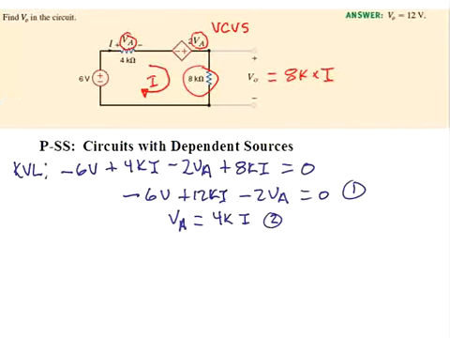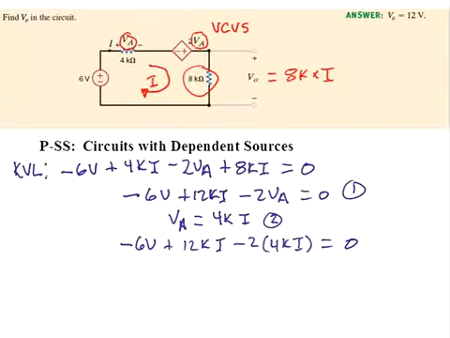In this case, we can easily substitute V sub A from equation 2 into equation 1, and we have minus 6 volts plus 12K I minus 2 times 4K I is equal to 0.